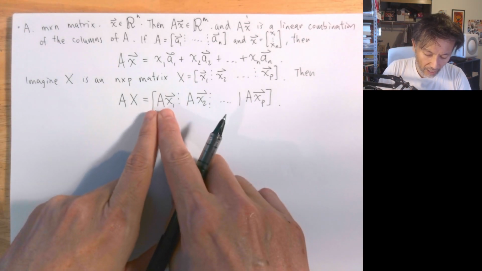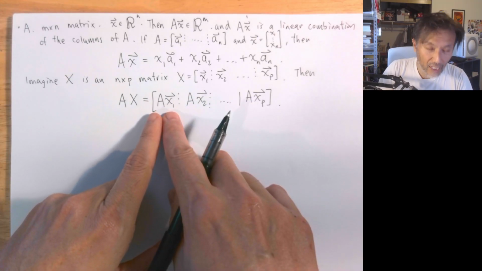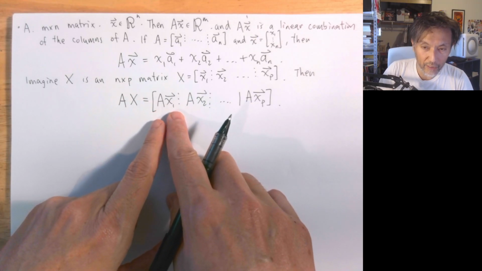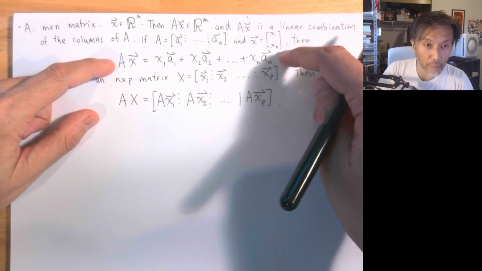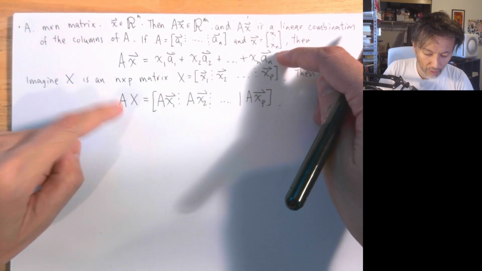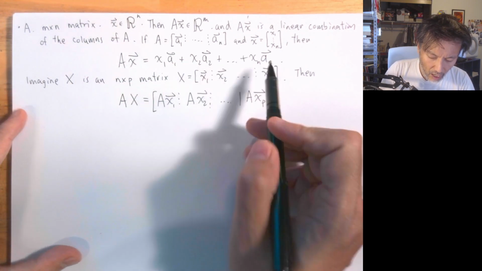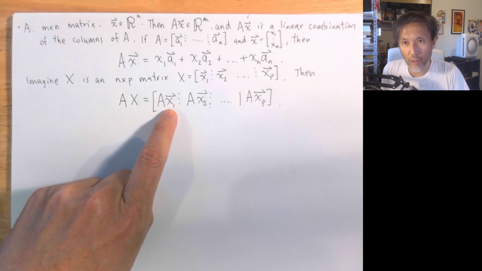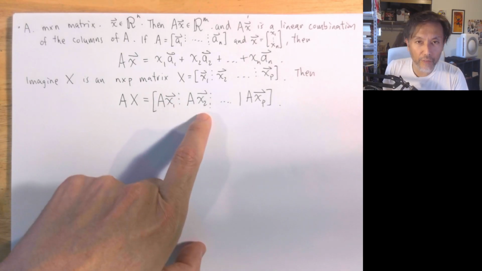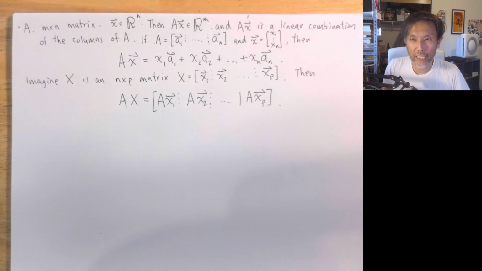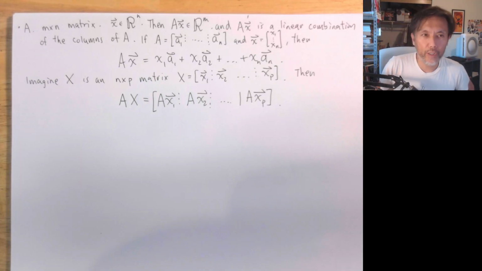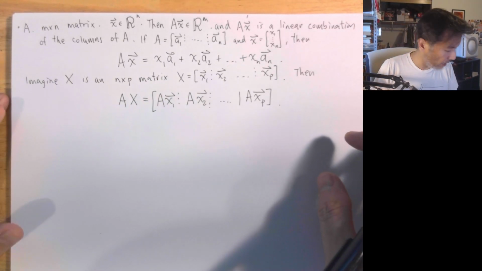So A times x1, for example, is a linear combination of the columns of A, where the coefficients are the entries of the vector x1. Similarly for all the other columns of A times big X. All of that's going to be useful for us.